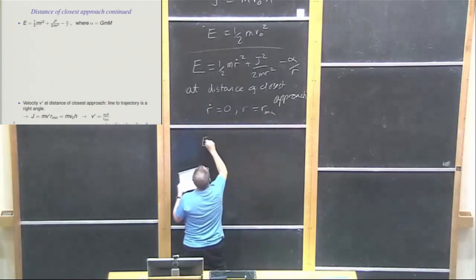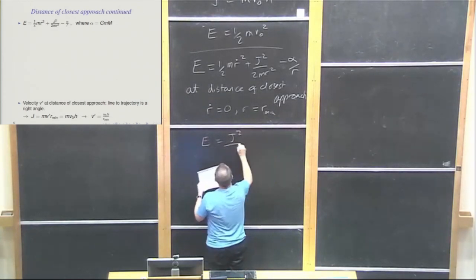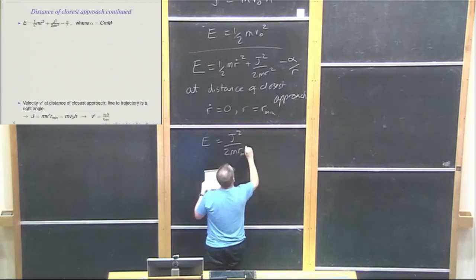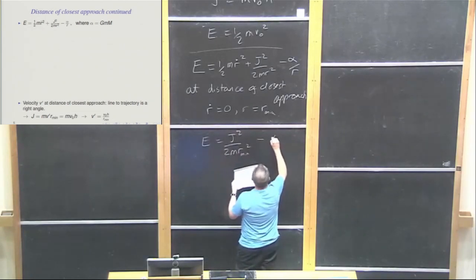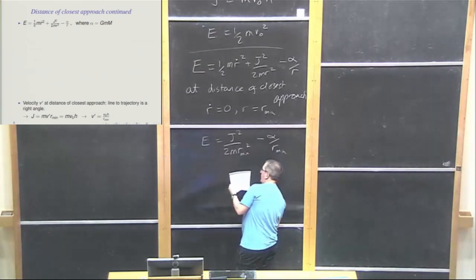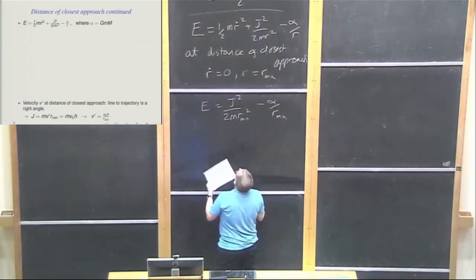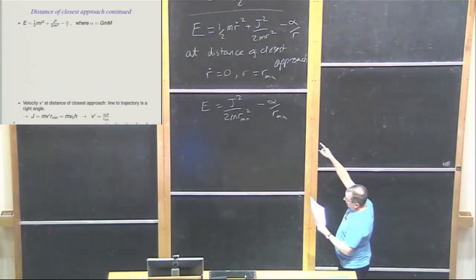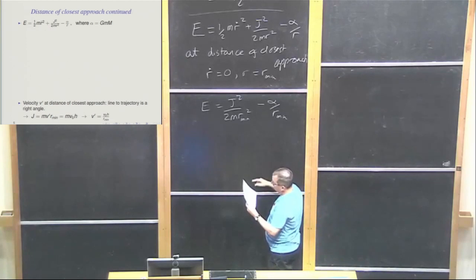So E is equal to j squared over 2m r min squared minus alpha over r min. Energy is conserved, so we put this equal to a half m v naught squared.